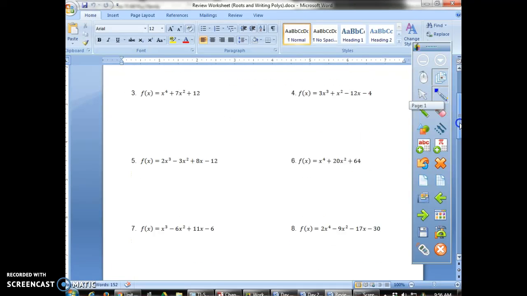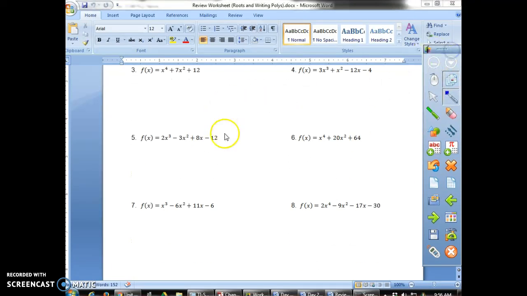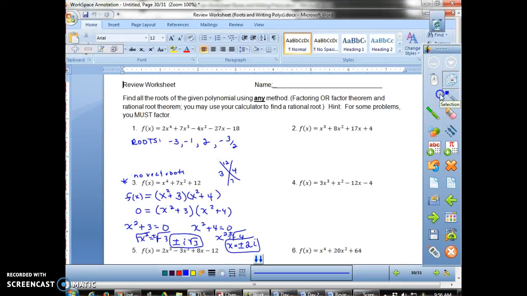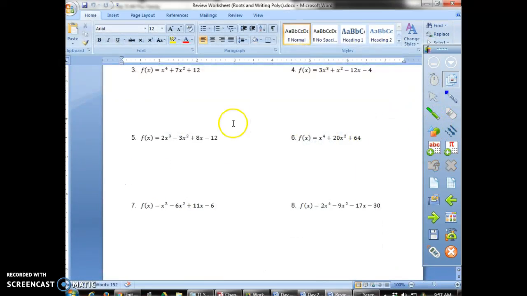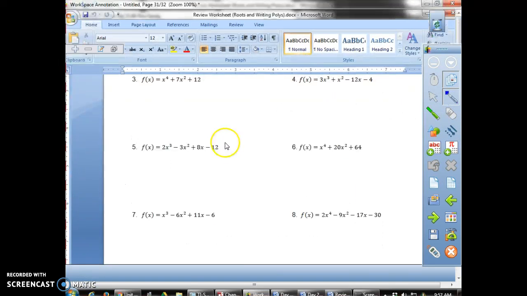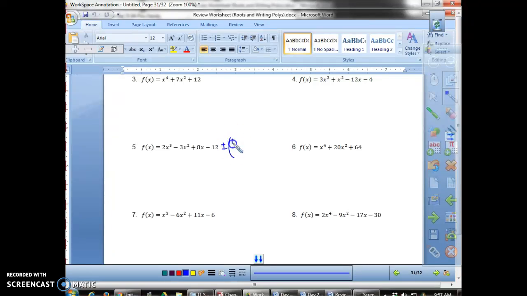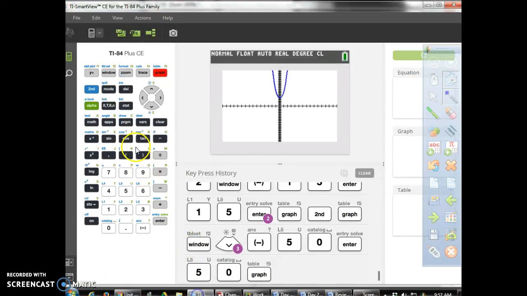Number 5, I have factors of 12 would be 1, 2, 3, 4, 6, and 12, all over factors of 2. Now, it didn't ask me for these, so I'm just writing them so I can think through them as I graph it. So let's go to the graphing calculator and graph this.